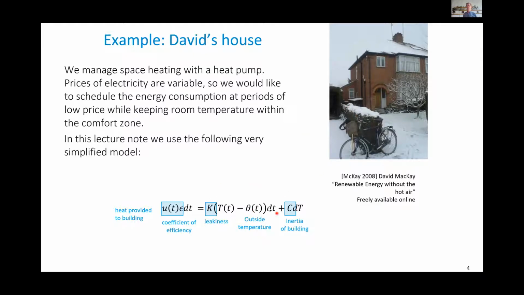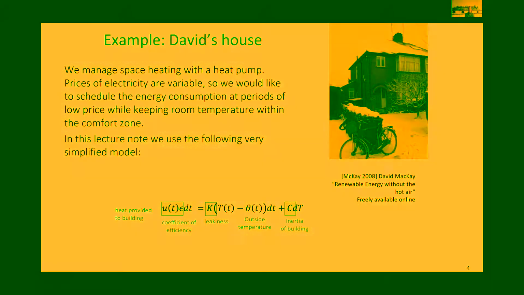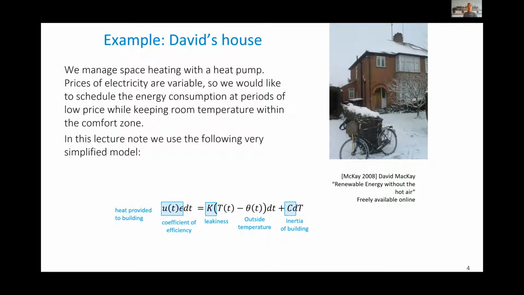So a correct model would have one state variable per room, or if rooms are large, per fraction of a room. And the other thing it ignores is the other exchange of energy, which is not due to leakiness or inertia or thermal loss through the walls or the roof, but due to irradiation, loss or gain of energy. If there is sunshine, some energy will come into the house.